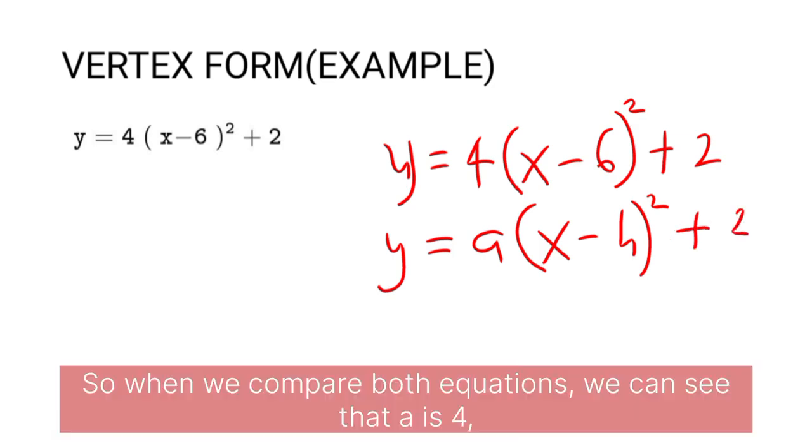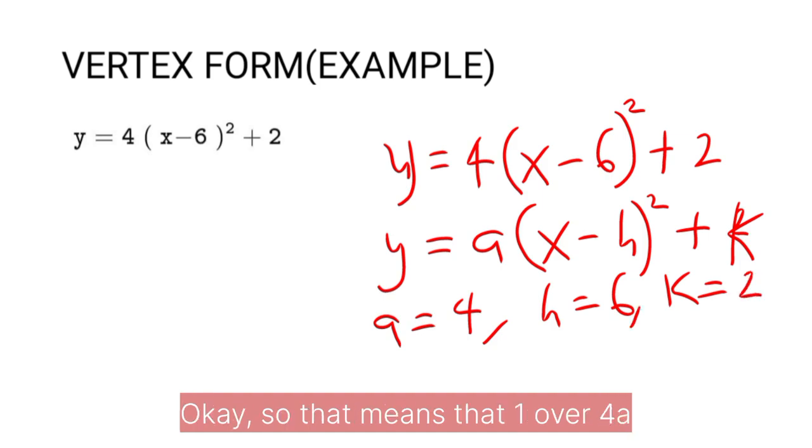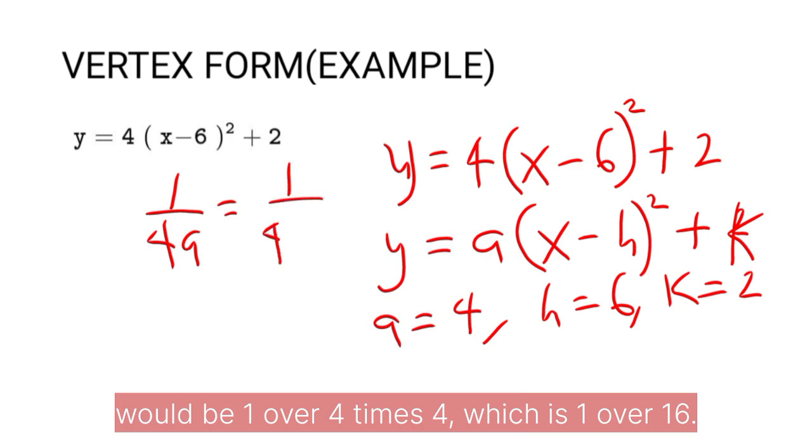So when we compare both equations, we can see that a is 4, h is 6, and k is 2. Okay, so that means that 1 over 4a would be 1 over 4 times 4, which is 1 over 16.